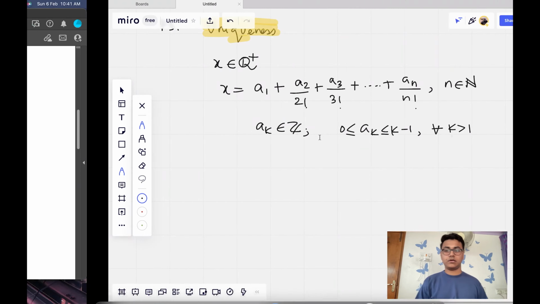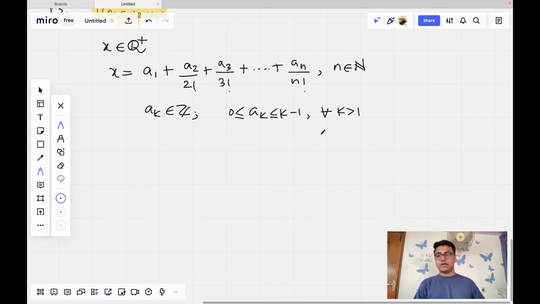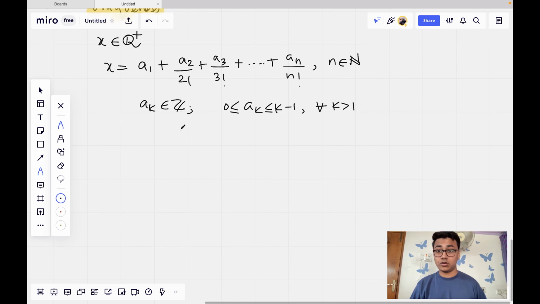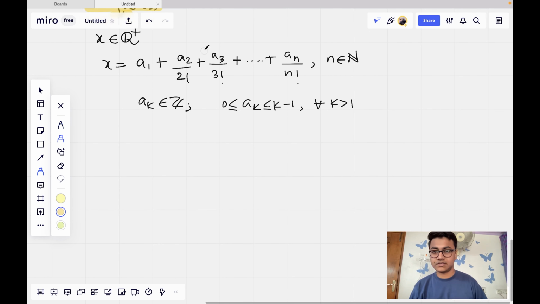These are the constants that we have been given. We first prove that this expression is unique. For that, first note, look at this part of the expression.